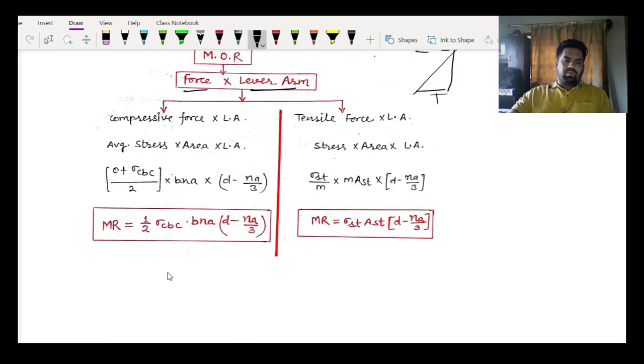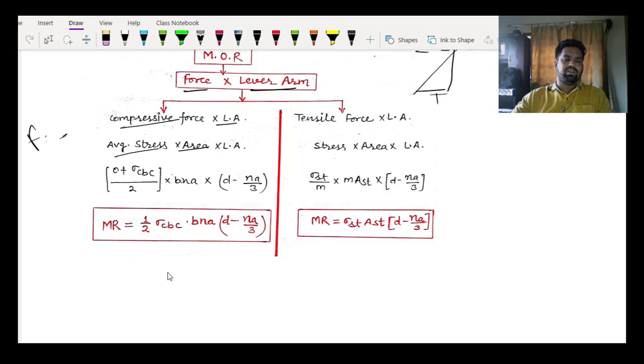From the compression side, the MOR becomes compressive force into lever arm, which is the same for both sides because it is common. Compressive force is basically average stress into area, because as per the definition, force is stress into area. Here the stress is the average stress.